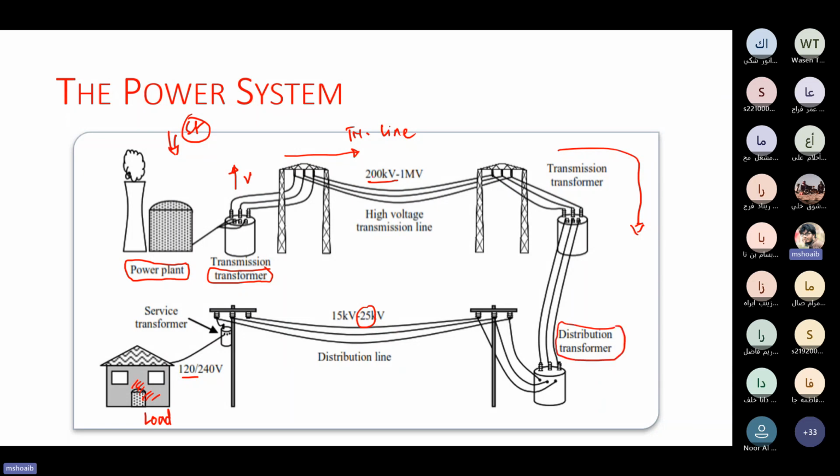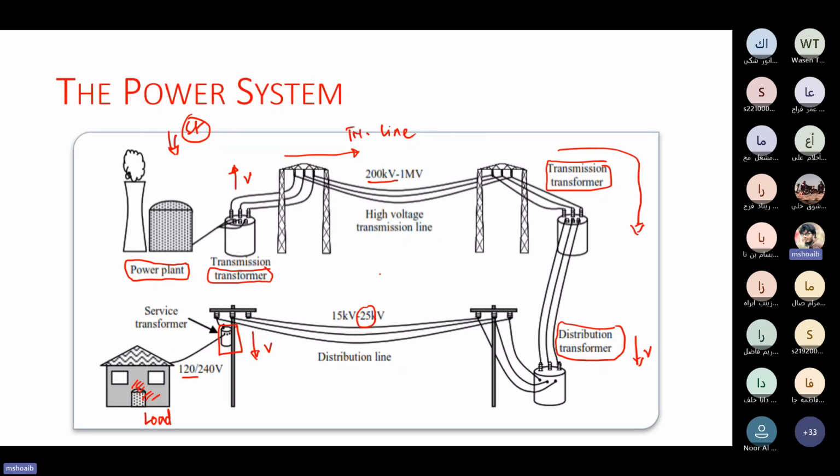But initially, when we were raising the voltage, the transformers were transmission transformers. So in the distribution transformer, we step down the voltage. And finally, when we are close to our load, this is the service transformer, which steps down the voltage to a value which is usable for the consumer.